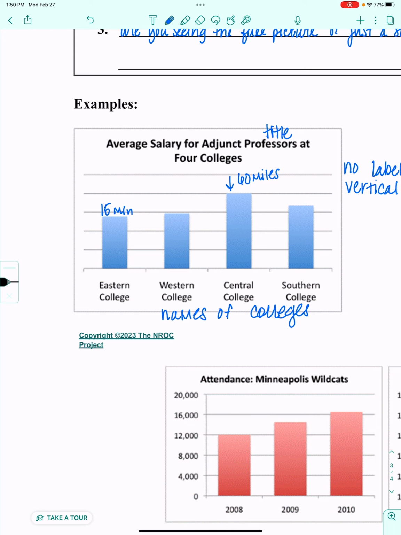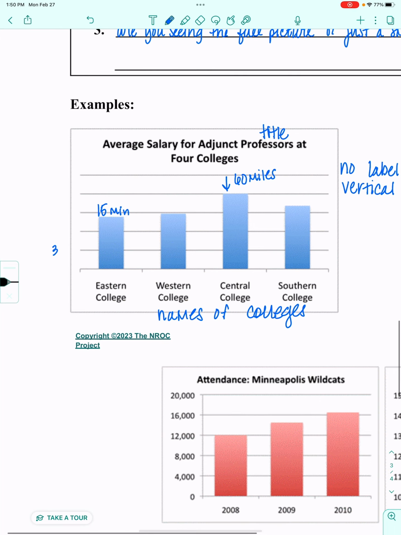Well, if I give this a scale, maybe this is 30,000 and 31,000 and 32,000 and 33,000. Now, with a scale on there, we're going from almost $32,000 to $33,000. That's not a big enough difference that it would affect most people's decisions.